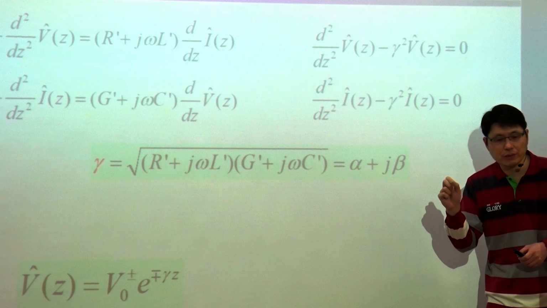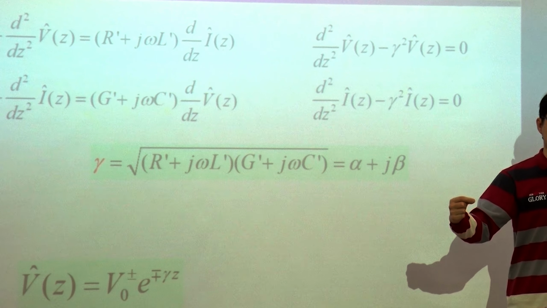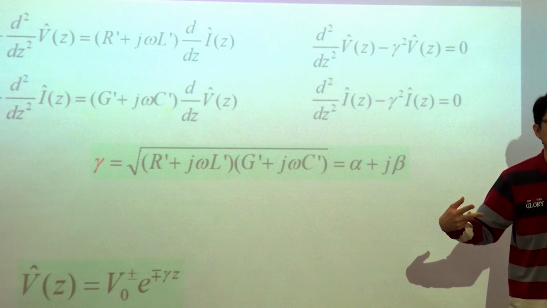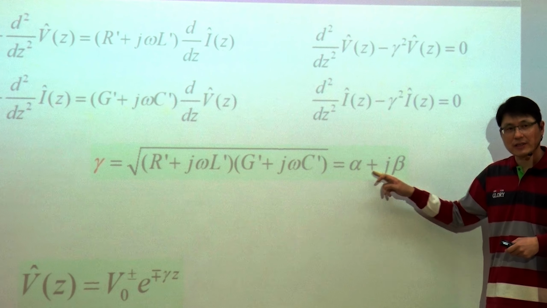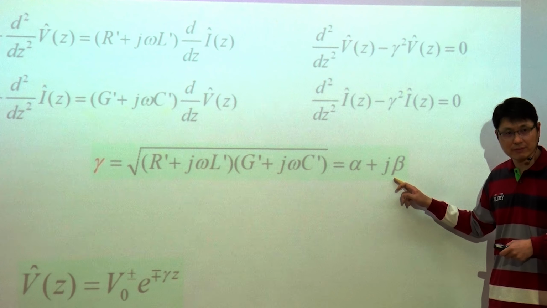So this tells you, even though you have the same operational frequency, but if you're working on two different transmission lines, the attenuation coefficient and the effective wavelength will be very different, okay?